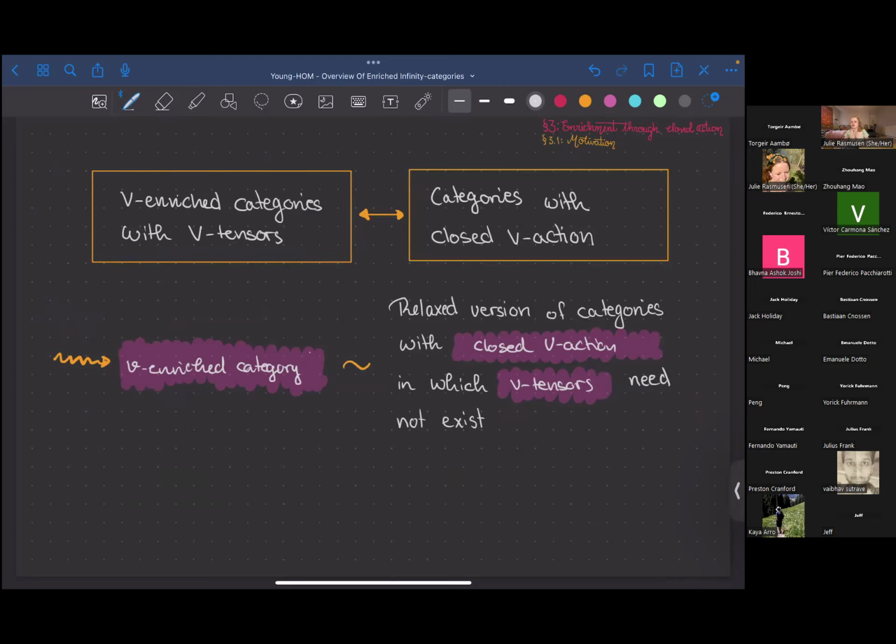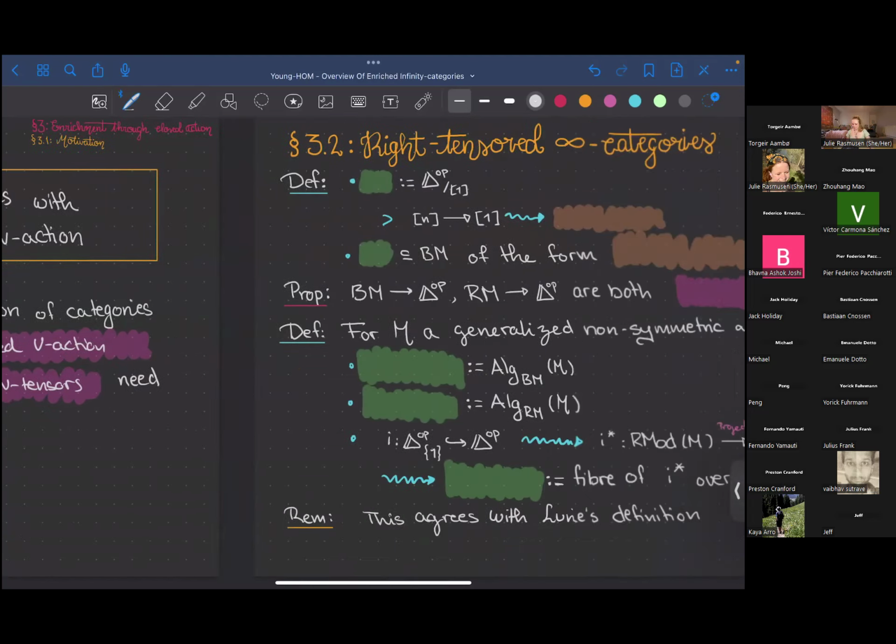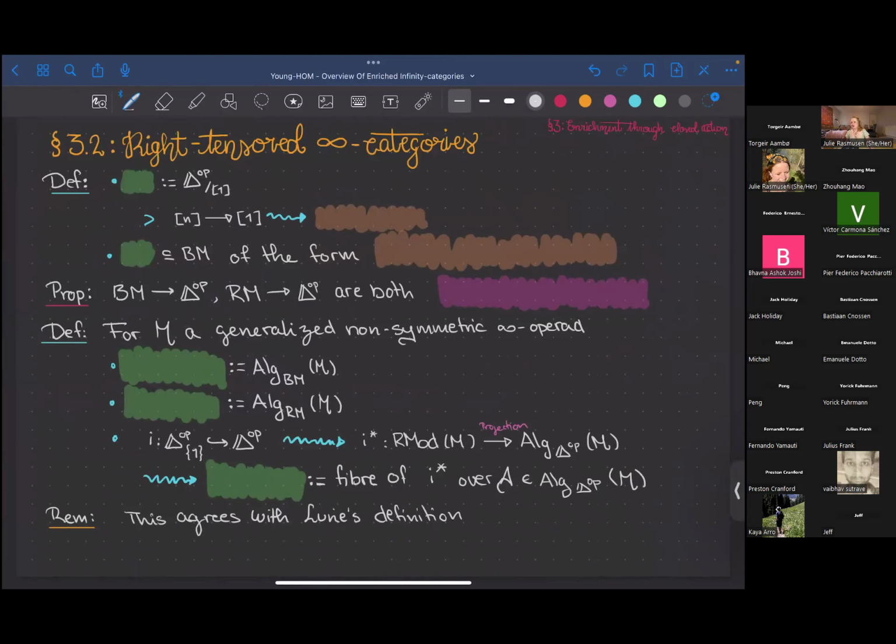We don't necessarily want these V tensors. So we want to relax the assumptions. And as I mentioned, this structure is in theory left actions. I will be focusing on the right tensored version because that is what connects, first of all, to the other approach where we consider it as many object associative algebras.